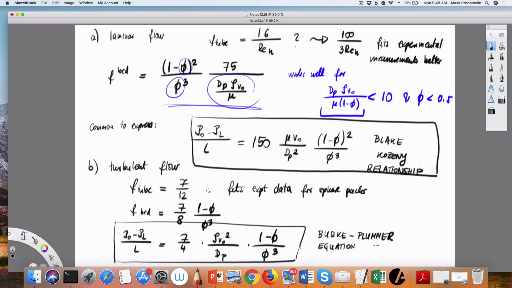And what I call turbulent is dp rho v0 over mu (1 minus phi) larger than 1,000. And what's left now is between 10 and 1,000, right? What we call the transition regime.